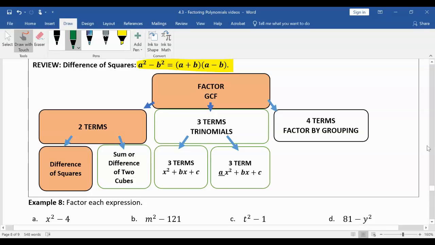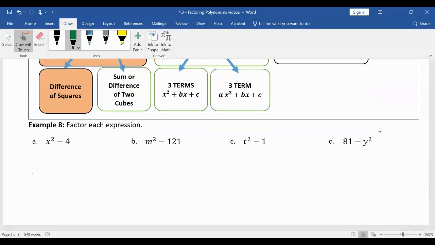I'm going to rewrite the expression such that I have x squared minus, instead of 4, I'm going to write 2 squared. This way it's more visible who's a and who's b. A equals x, b equals 2. Keep in mind that the difference of squares says a squared minus b squared equals a plus b times a minus b.